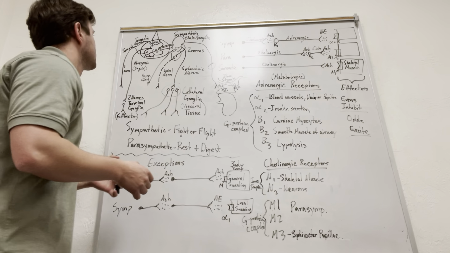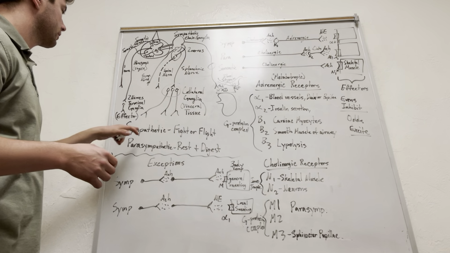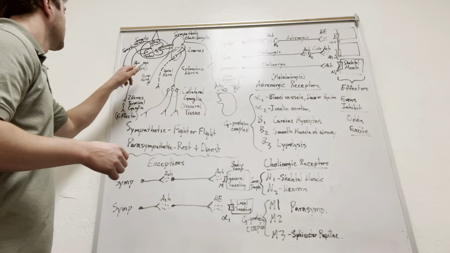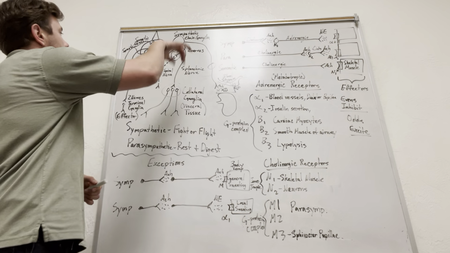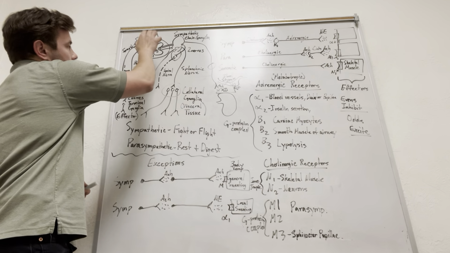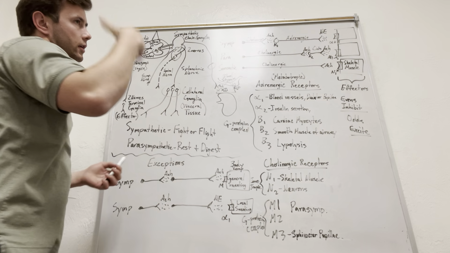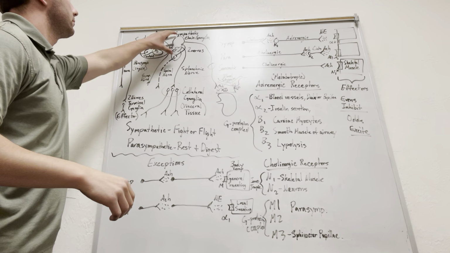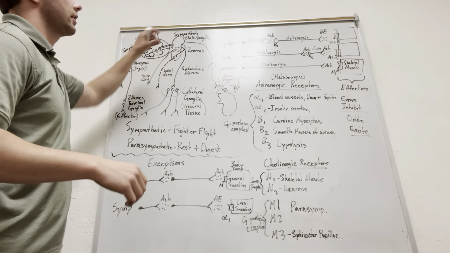So just to be clear here, when we talk about the sympathetic system, I don't think I got to parasympathetic. On the other hand, parasympathetic originates in the cranial and sacral division, whereas sympathetic is in your thoracic region.